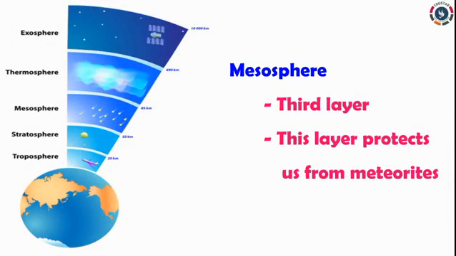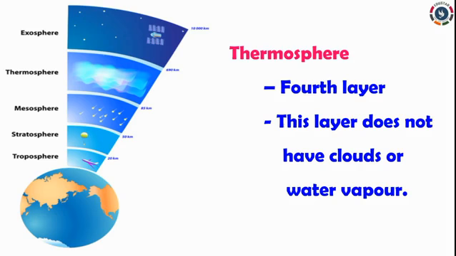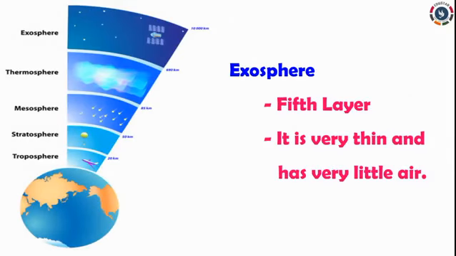Mesosphere, third layer, protects us from meteorites. Thermosphere, fourth layer, does not have clouds and water vapor. Exosphere, fifth layer, is very thin and has very little air.